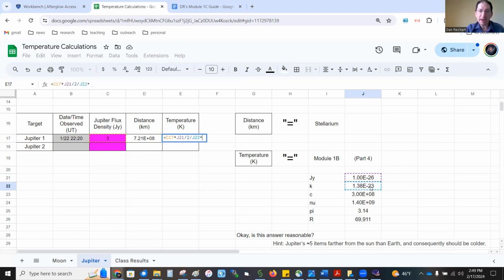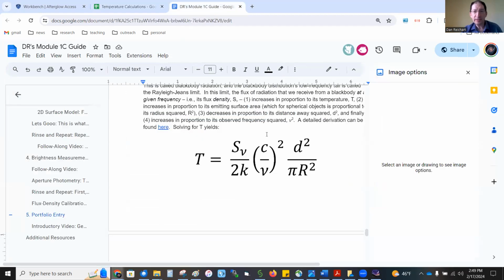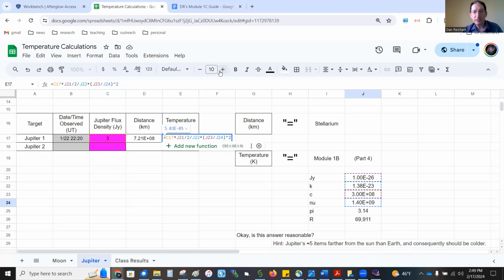And we multiply by the quantity, parenthesis c, the speed of light, divided by our frequency of observation, parenthesis squared. Let's check our formula. And then we multiply by the distance here, squared, divided by pi, divided by the radius of Jupiter right here, squared.